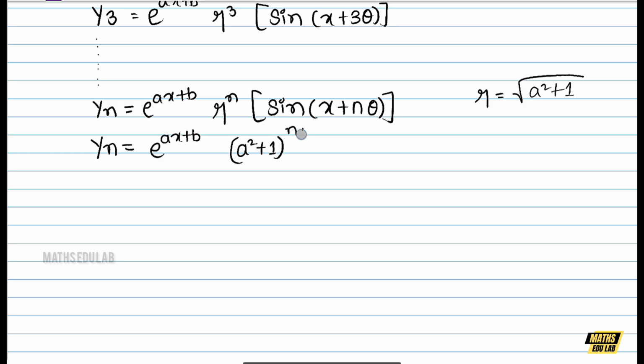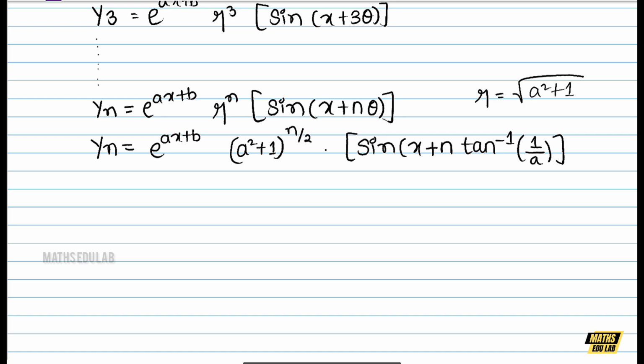Sorry, n by 2, into then the rest will be sine x plus n theta, where the theta value is tan inverse of 1 by a. So this is the answer for the nth order derivative of the given equation.